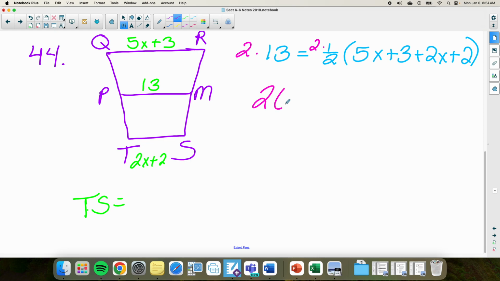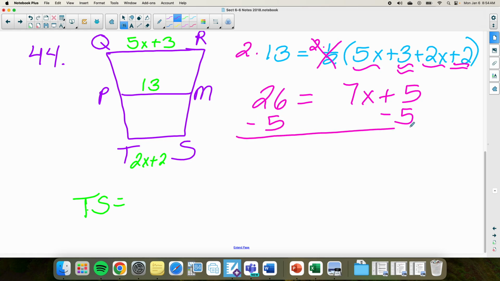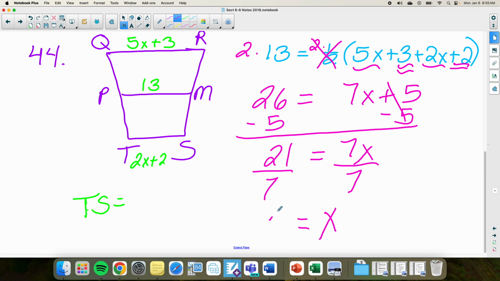And we'd get 26 equals, this cancels, and now I can combine like terms. 5x plus 2x is 7x, 3 plus 2 is 5. Then I'm going to subtract 5, and I get 7x equals 21, divide by 7, and x is 3.